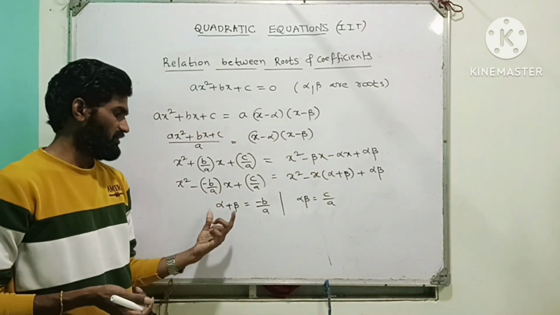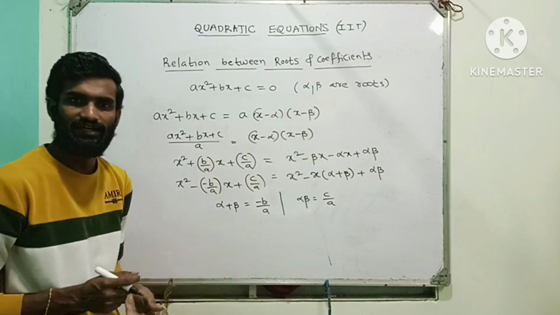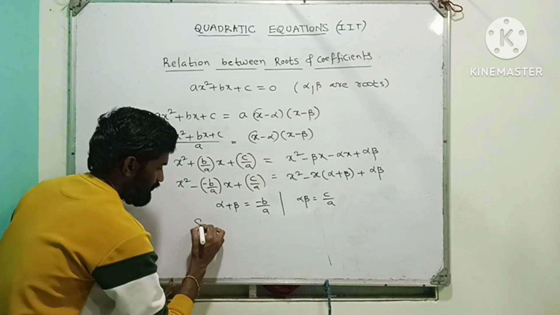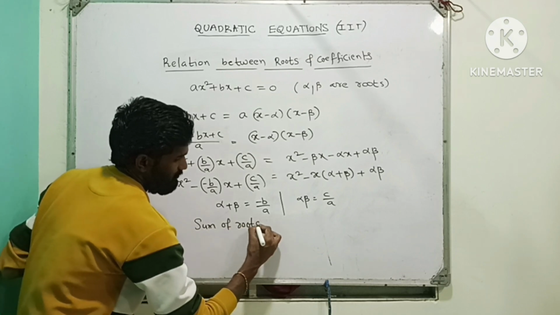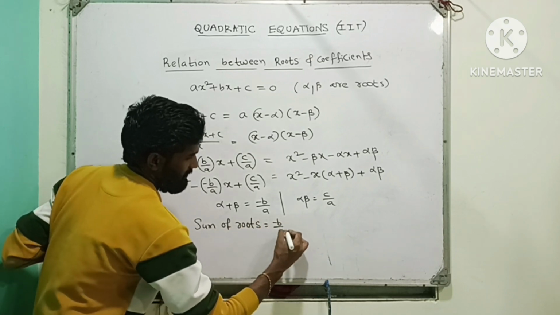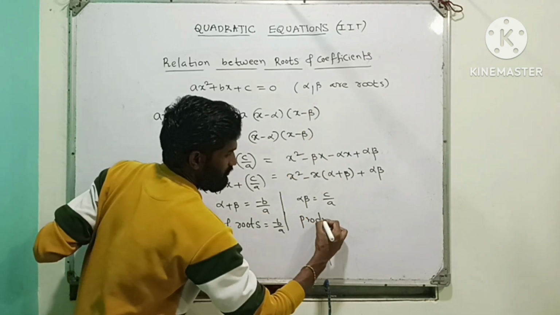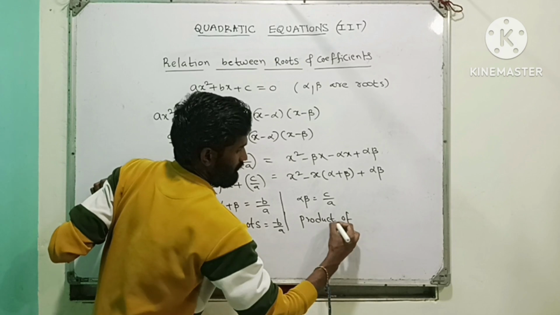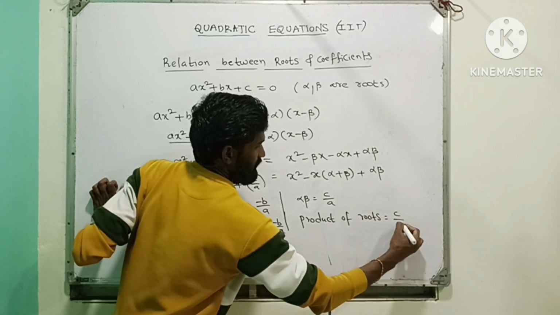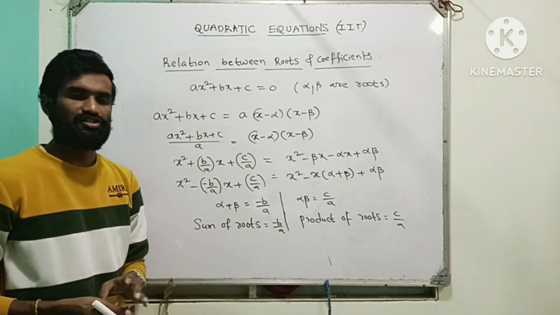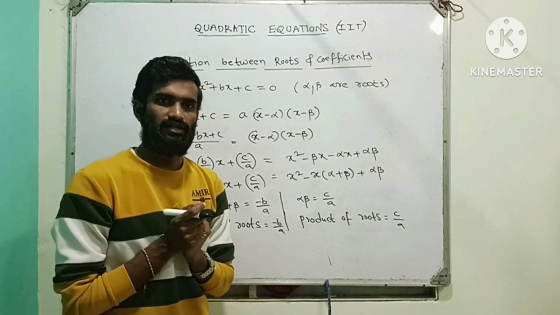Now alpha plus beta is nothing but the sum of our roots. So sum of roots is equal to minus b by a, and alpha into beta, the product of roots, is equal to c by a. So this is the relation between roots and coefficients, right?